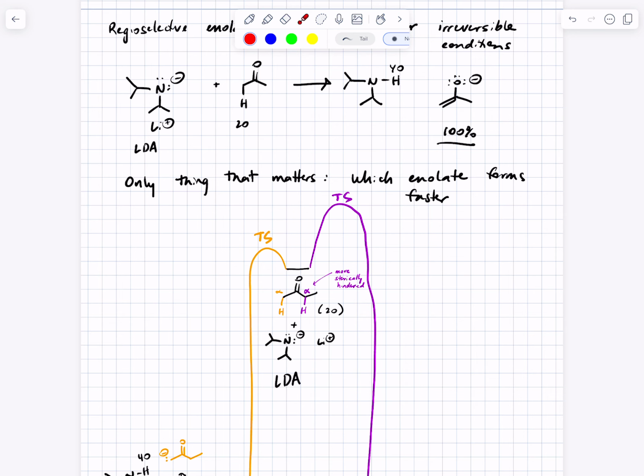The reason you want to keep things cold is so that your starting material only has enough kinetic energy to surmount the smallest barrier and gets petered out on the way going up the higher barrier. You could imagine if you heated things up more, your starting material might have enough kinetic energy to go over both of them with similar frequency. Then your product ratios aren't going to be good.